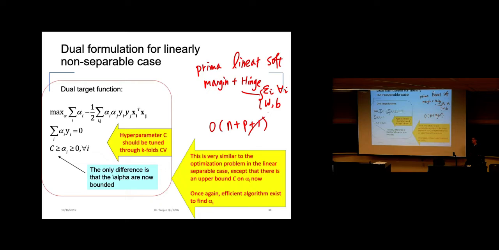But yeah, in the dual form, in fact, the only difference is you make your alpha_i upper bounded by that C hyperparameter you added. It's extremely easy and almost no difference versus the hard SVM case.